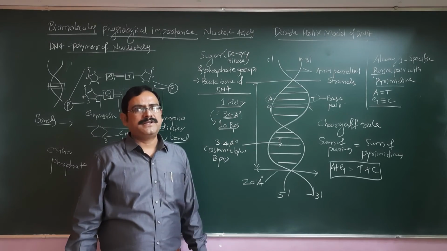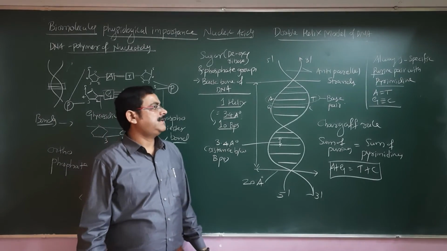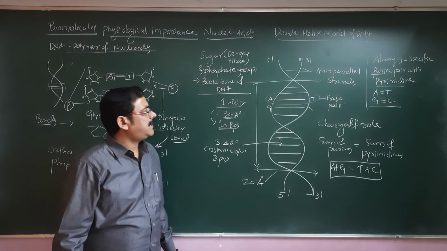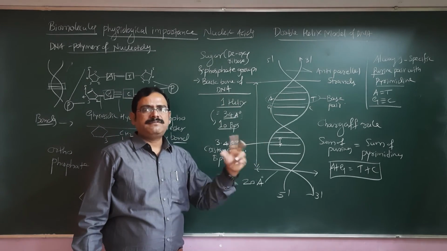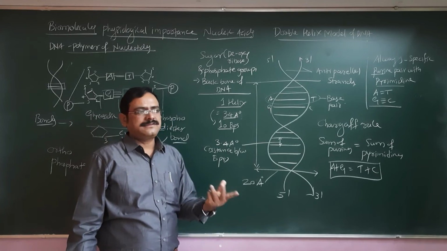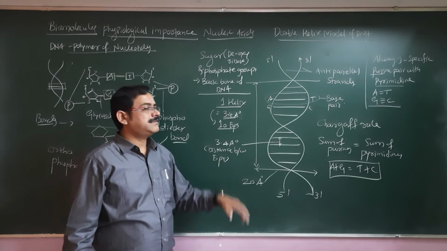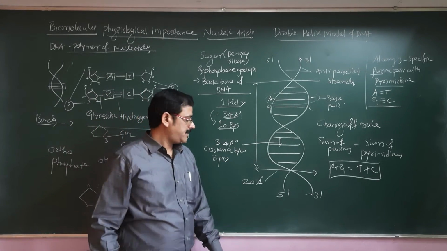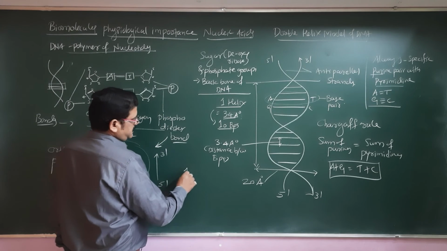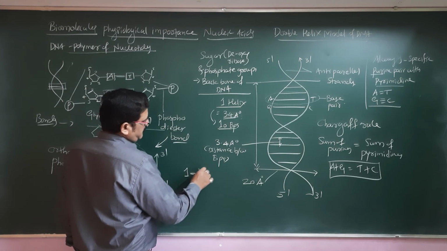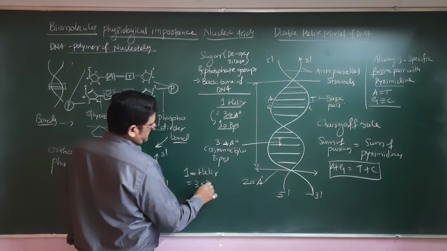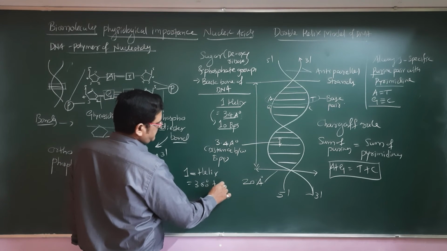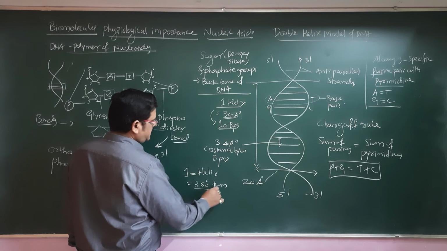That will never happen. So yes, DNA being a double helix, it has mainly the spiral. One complete turn we call a spiral, one helix. So one helix means a 360-degree angle turn. So one helix equals a 360-degree turn.